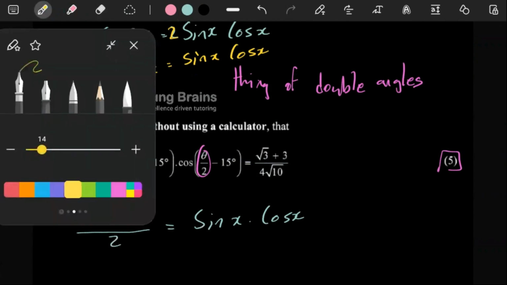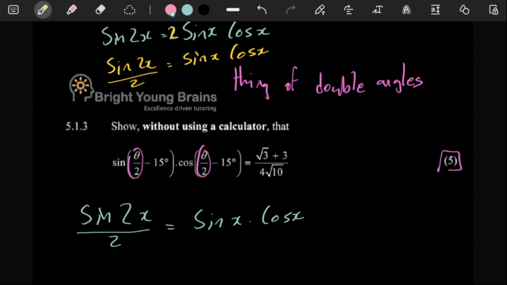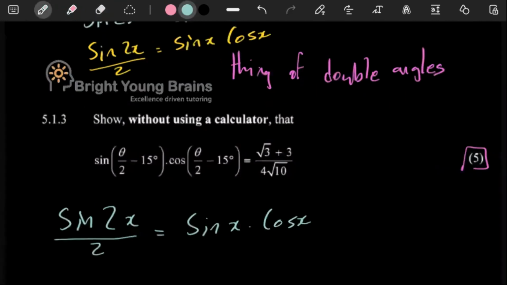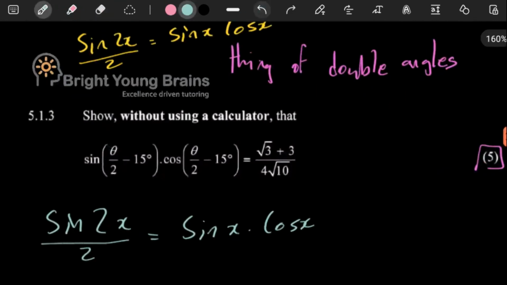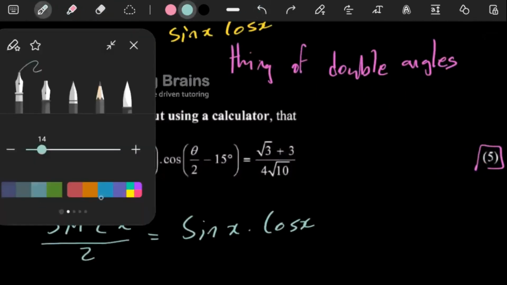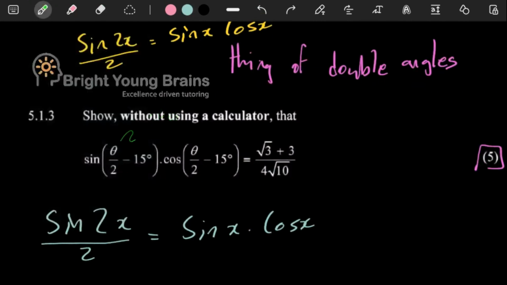Now the good news is, in our expression, these two big brackets here, let me color code it, let me use that bright neon green, whatever is in here is where x would go.